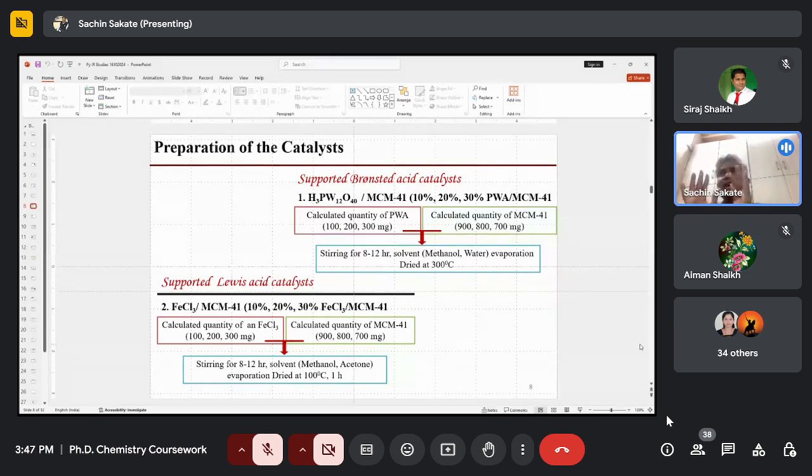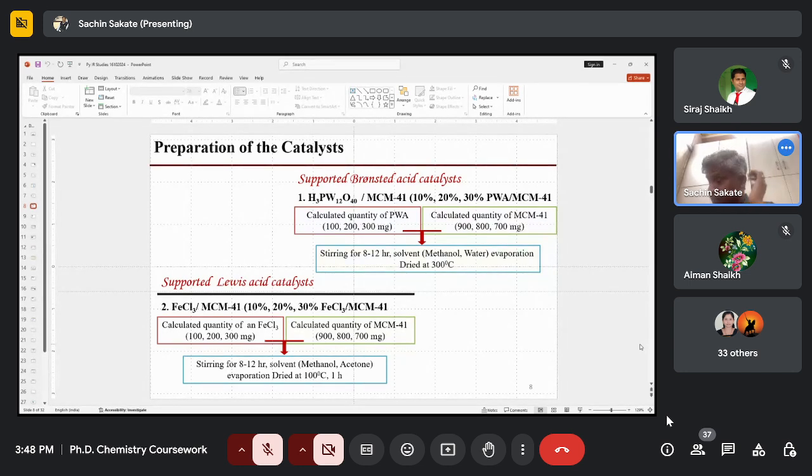These methods are in front of you after the preparation of support, but you can check research papers where you put the Bronsted acid or Lewis acid directly during the preparation of the support, so that there is the least possibility of leaching of the material.